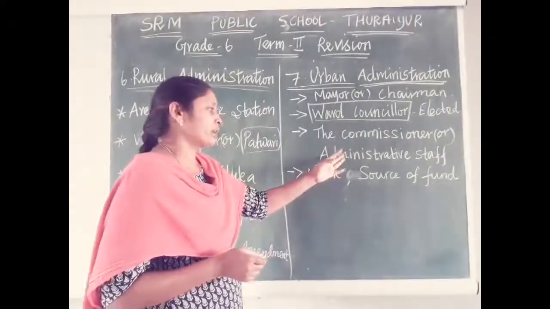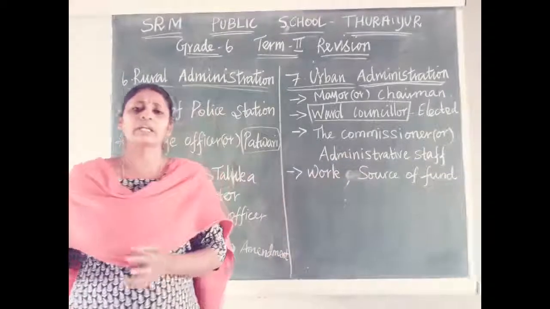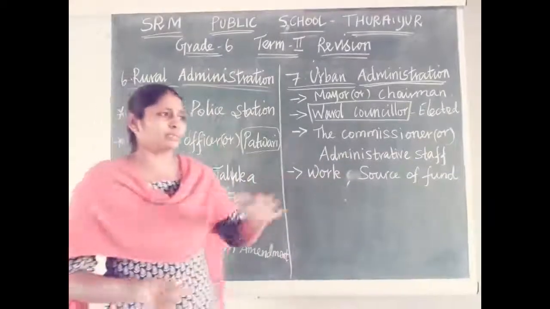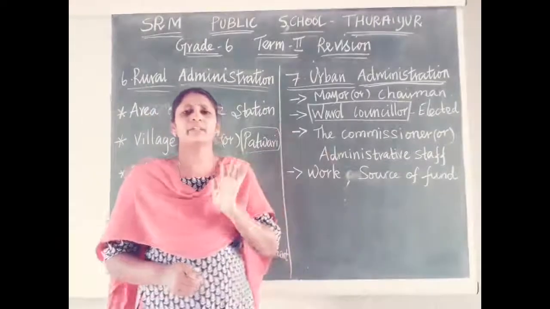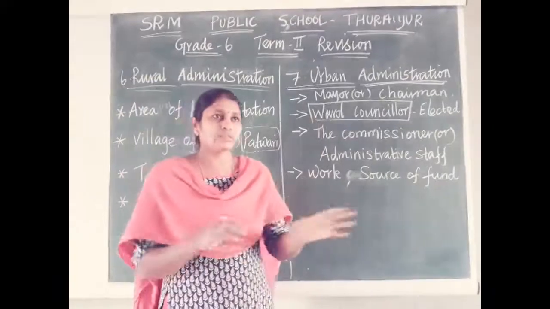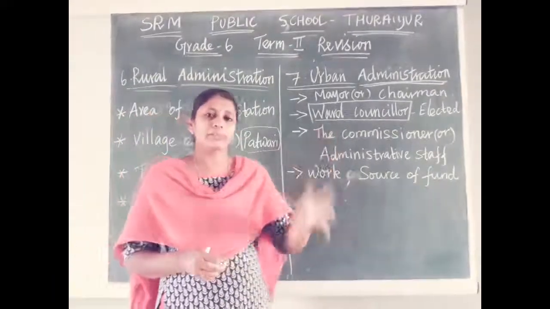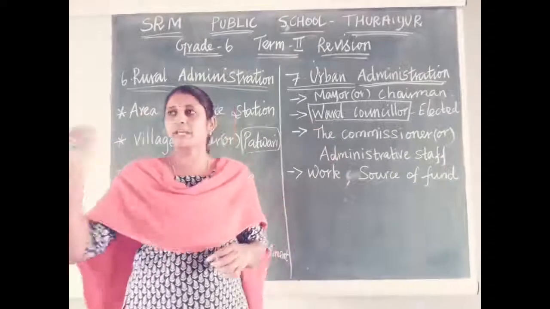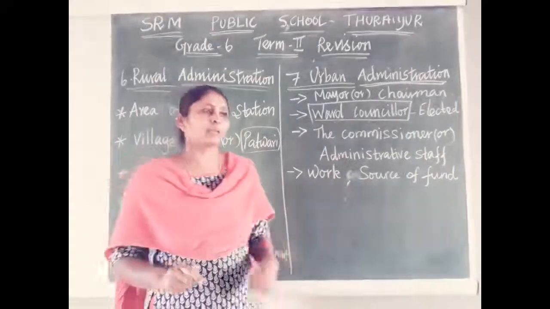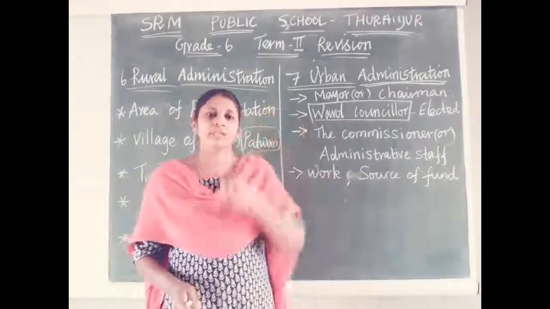This administrative staff is divided into many departments: water department, garbage collecting department, road maintaining department, electricity department. In those departments some people are working, such as wiremen and garbage collecting people. And each and every department has a head person.